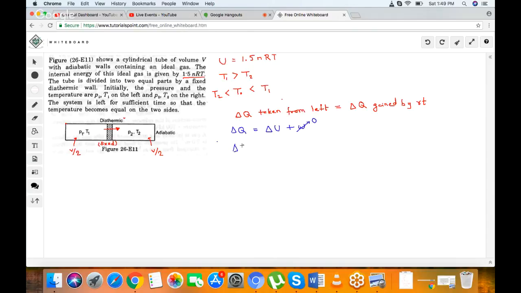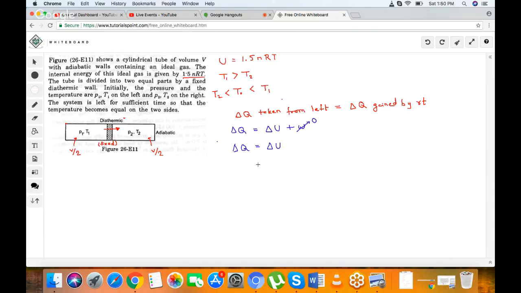So whatever heat is taken from the left hand side will completely result in change in internal energy of the left side of this cylinder. And a similar argument can be made: whatever heat is received by the right hand side is equal to the change in internal energy of the right portion of this cylinder.